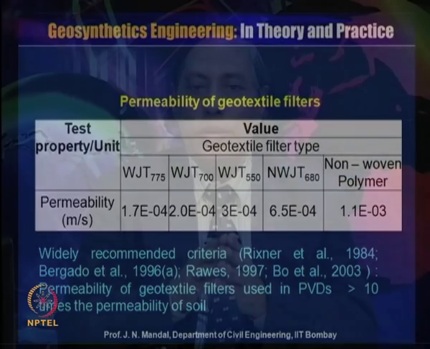So, if it satisfies this criterion, you can make use of this natural prefabricated vertical drain. So, these two criteria should be fulfilled: the apparent opening size of the prefabricated vertical drain as well as the permeability of the prefabricated vertical drain.